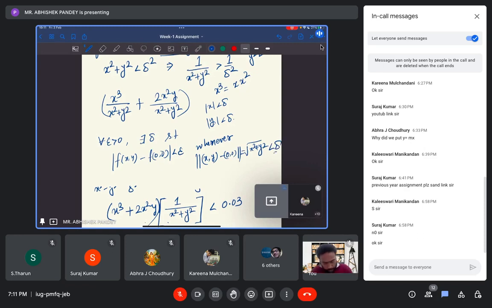So here epsilon is given as 0.03. We need to find the delta. What should be the range of this delta? That we need to find. Okay, I will check this question again because I think some calculation mistake is there in my solution.